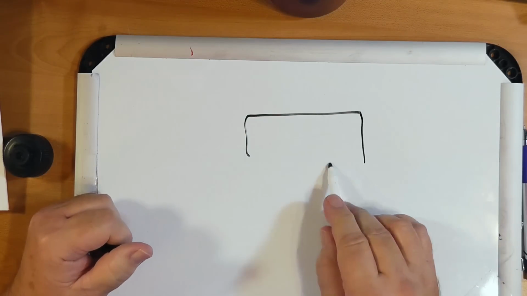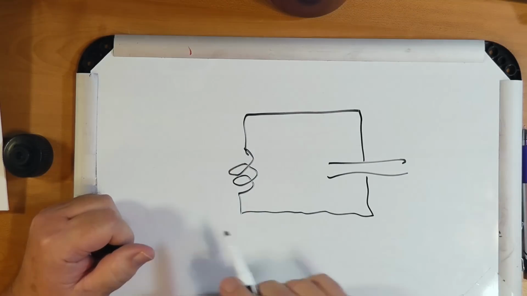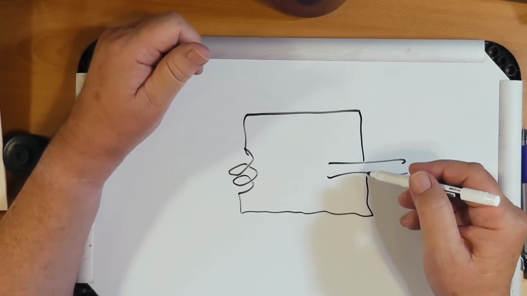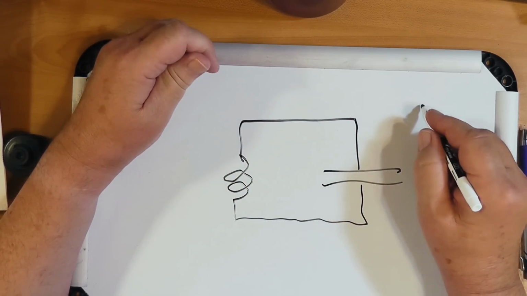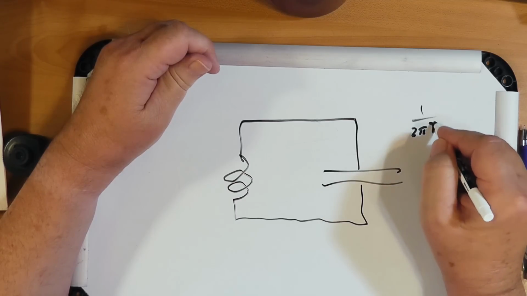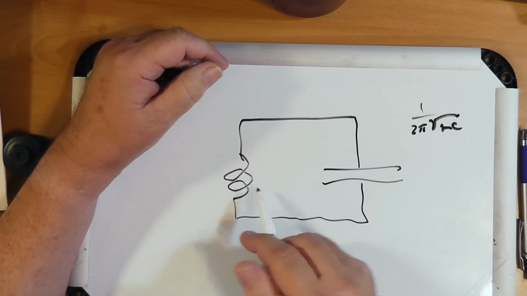Now, when you have a resonant device, let me just draw this out here, you're going to get circulating currents. Let's suppose we have a classical tank circuit. This goes at the frequency, what is it, 1 over 2π√(LC), whatever the frequency is.